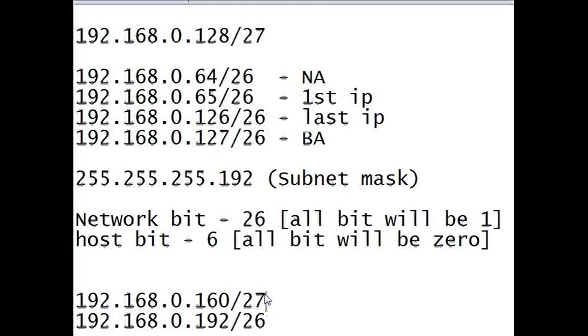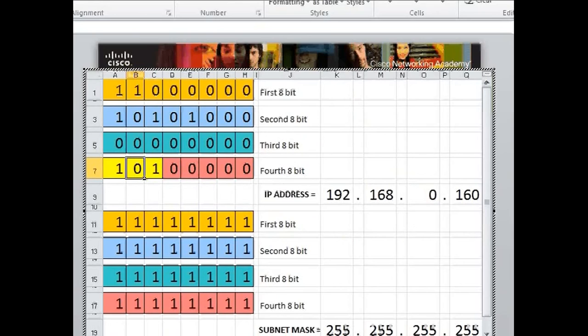When I borrow one more bit, it is further subdivided into 2 to the power 1, that is 2 subnetworks. So the 2 subnetworks are .128/27 and .160/27. That is how we can also calculate.